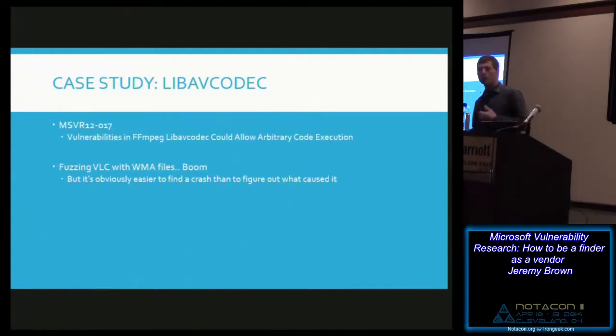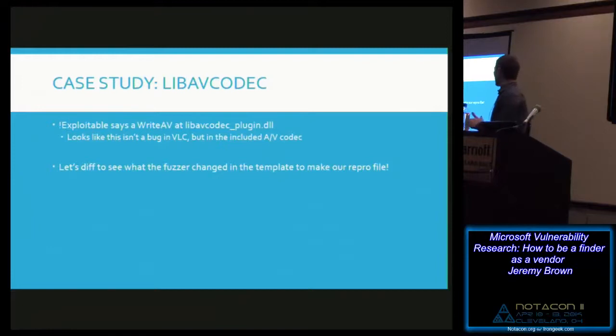The crash looked promising, so they went deeper into it. It's easy to find a crash sometimes, but actually going into the details and figuring out if it's exploitable is another thing. The first step toward exploitability: it says it's a write AV. So we're like, okay, that sounds interesting. If you ever do any memory corruption debugging, you see write AV, and that's interesting stuff.